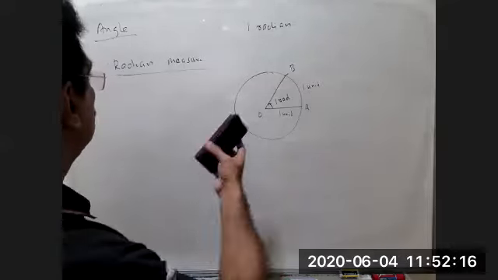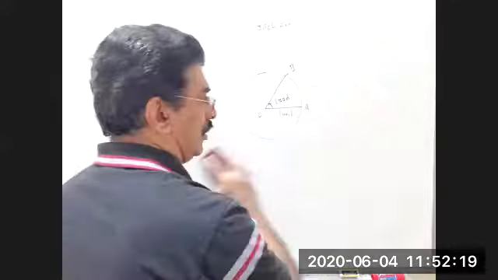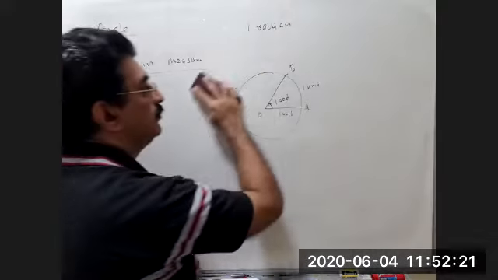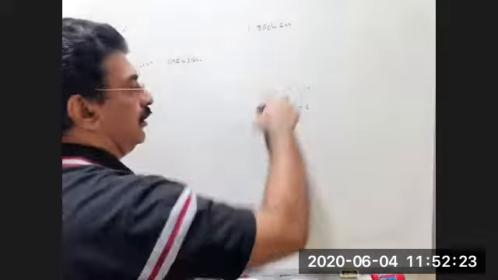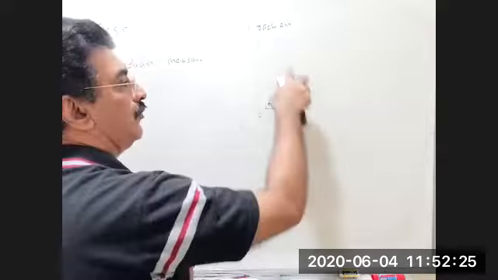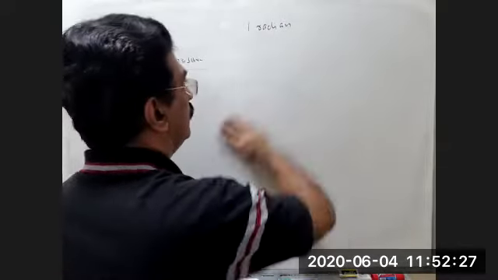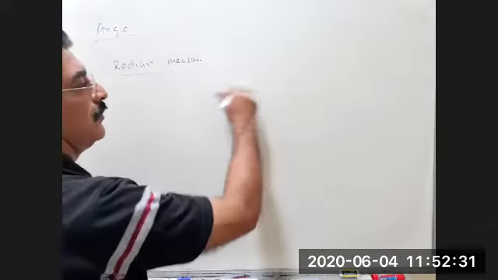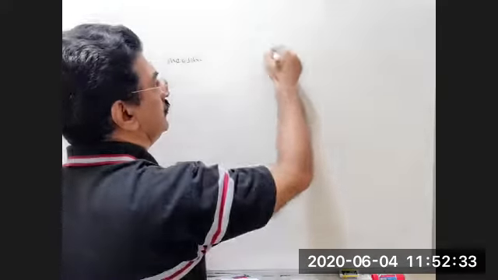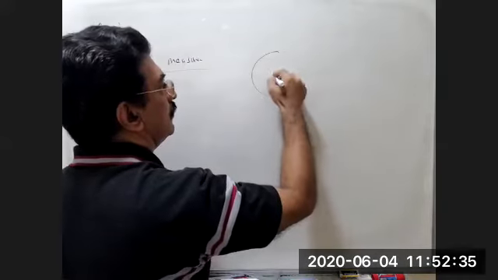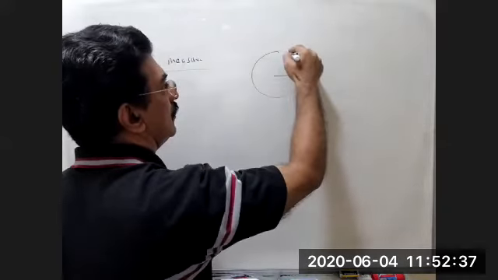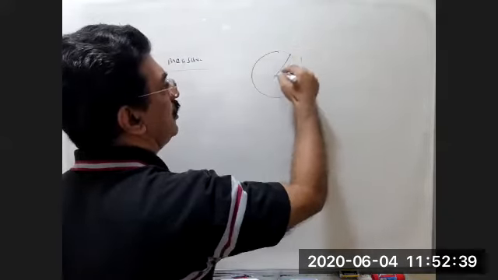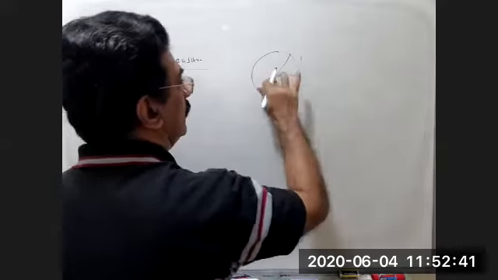Now, I hope you have drawn this figure: circle, radius 1 unit, length of arc 1 unit, 1 radian. See, this is 1 unit, this is 1 radian, right?